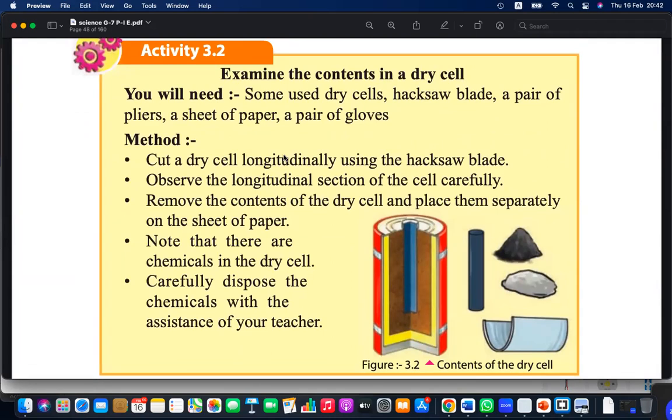Okay, so inside the dry cell, you can see in the middle a carbon rod, right? When you cut this unit, don't cut a new battery, you can cut an old battery, and then you will see these things. One is in the middle, which is called a carbon rod.